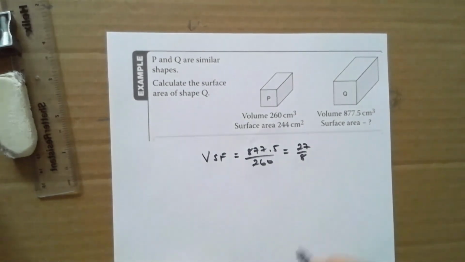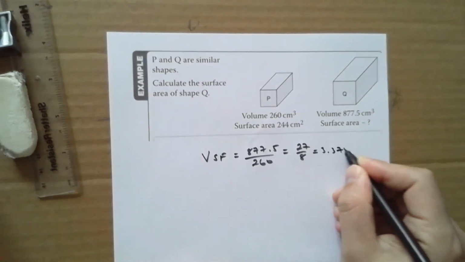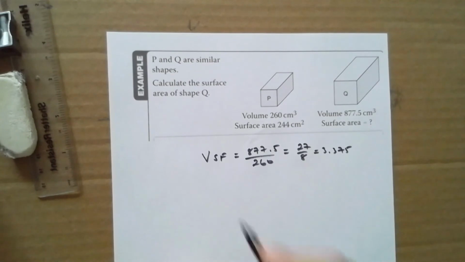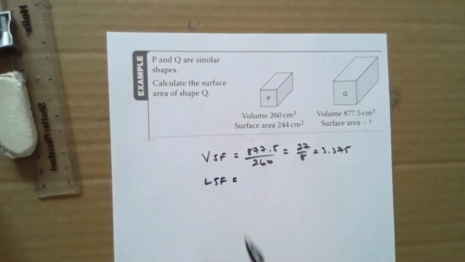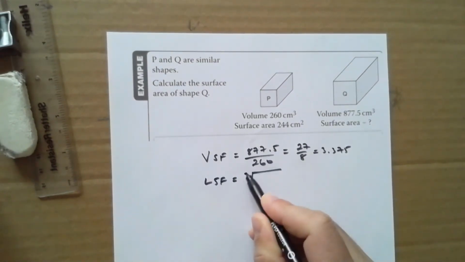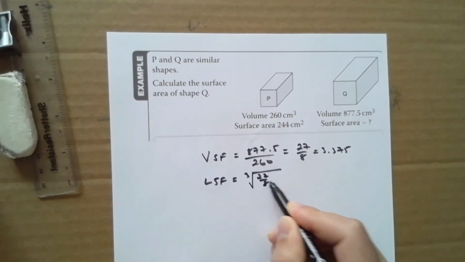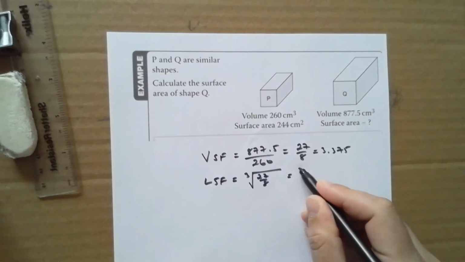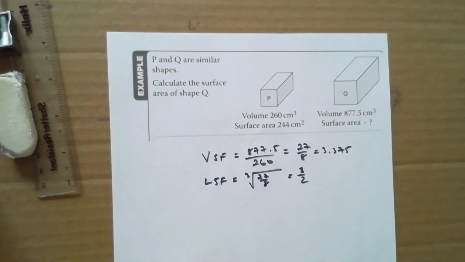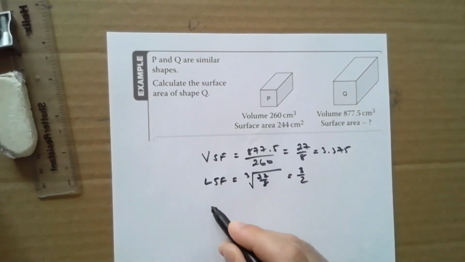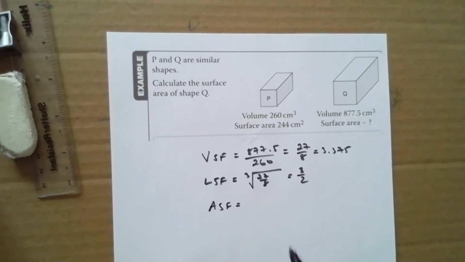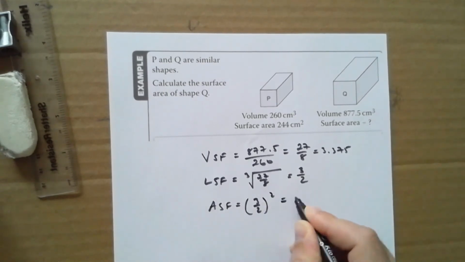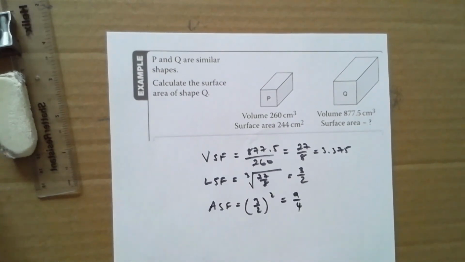It's about 3.375 if you wish. So the length scale factor must be the cube root of the volume scale factor. So cube rooting each of these is going to give you 3 over 2 or 1.5. So we want the area scale factor. The area scale factor is the square of the length scale factor, which is 9/4.